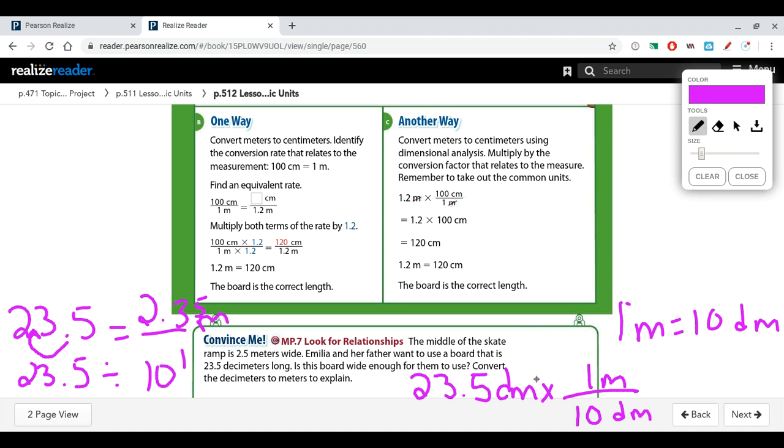And so these cancel each other out, and I really am dividing 23 and a half. So if I rewrite this, this becomes 23 and a half divided by 10, which is equal to 2.35 meters. So it is not long enough for them to use because they have 2.35 meters and they need 2.5 meters.